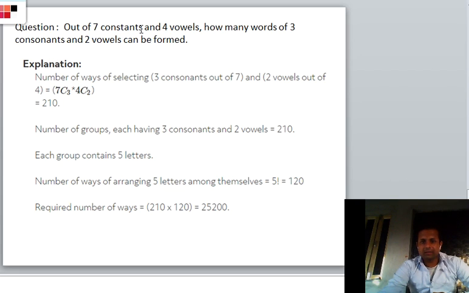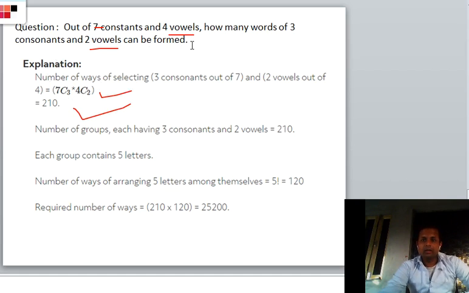See, out of 7 consonants, I have to select 3 consonants, by 7C3 ways. And I need to select 2 vowels out of 4 vowels, by 4C2 ways. So I can select 3 consonants and 2 vowels by 7C3 into 4C2 ways, total 210 ways.